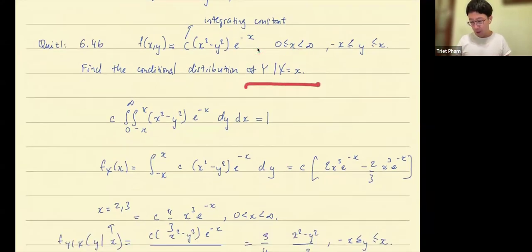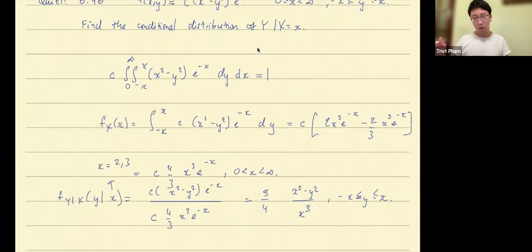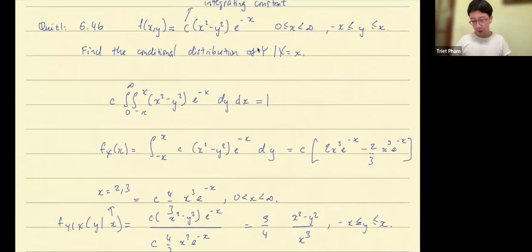And this fact is very important in, say, Monte Carlo, Markov chain Monte Carlo, MCMC, Monte Carlo simulation, because when you do sampling, a lot of times you come up with a distribution, but it's going to take a long time to figure out what the integrating constant is. And if your work is about finding the conditional distribution, then you don't really care. You don't need to spend time solving for that integrating constant. Okay.